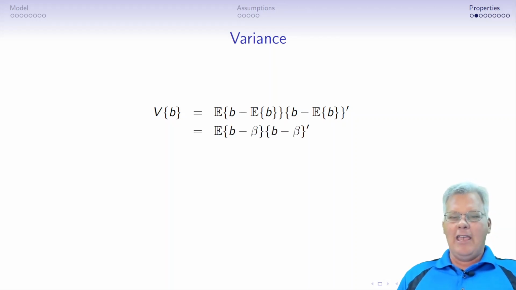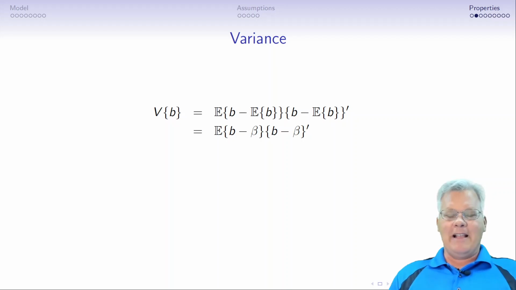Now, if I take in the first result that the expected value of B is beta, this expression simplifies to the expectation of B minus beta times B minus beta transpose.